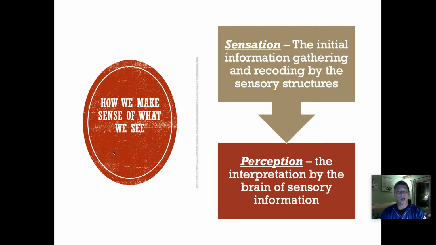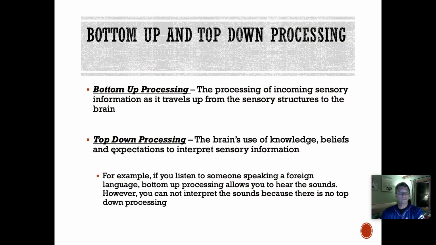The light rays that strike our eyes are being sensed, but the image that we form based on that information is our perception. So sensation and perception are the two most important principles of how we make sense of what we see. Now, this occurs both from the bottom up and from the top down.